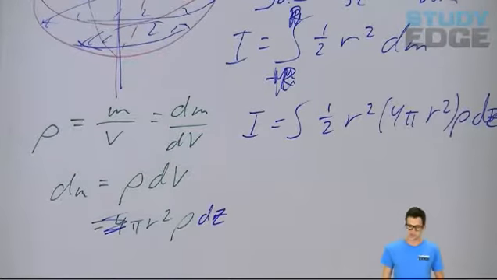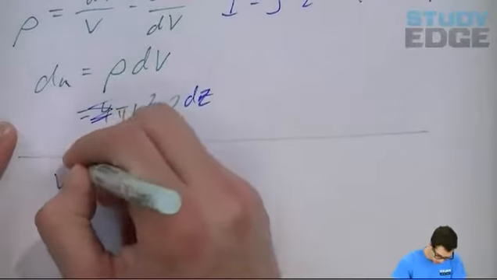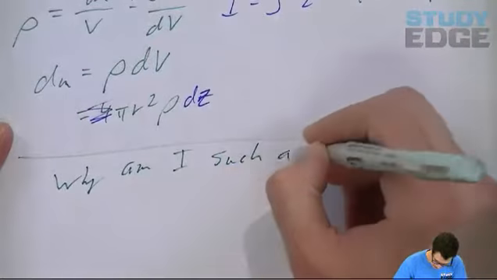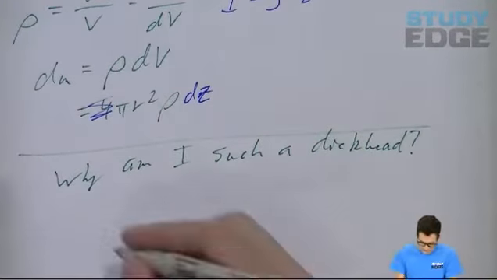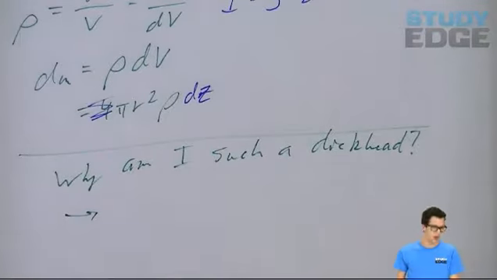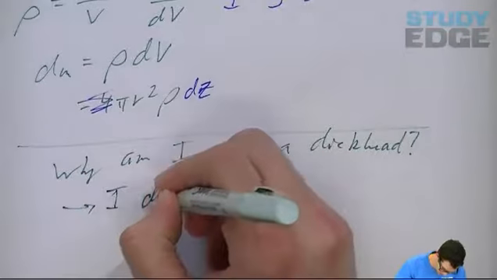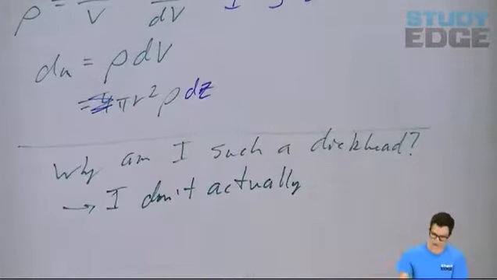That's a good question. That's one that will also be on your exam, so let's go ahead and cover that. Why am I such a dickhead? Well, the answer to that is multifaceted. The first reason is because I don't actually know what I'm talking about. So if that is one of the answer choices on your test, of course, you go ahead and bubble that one in.